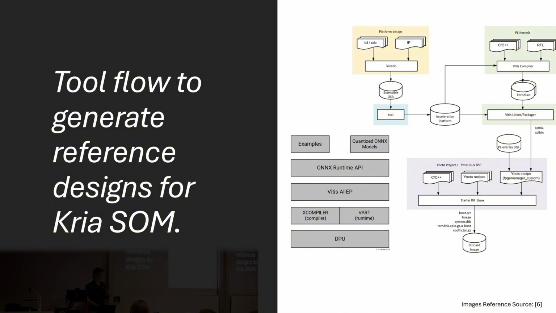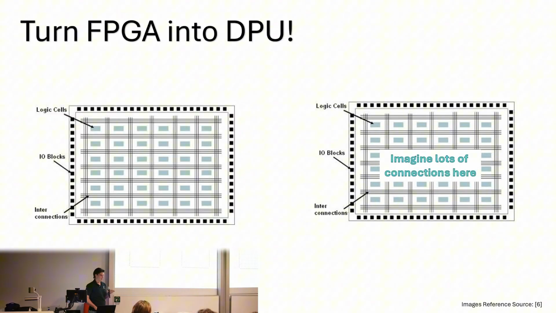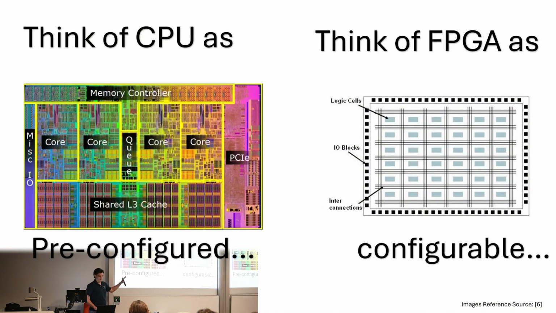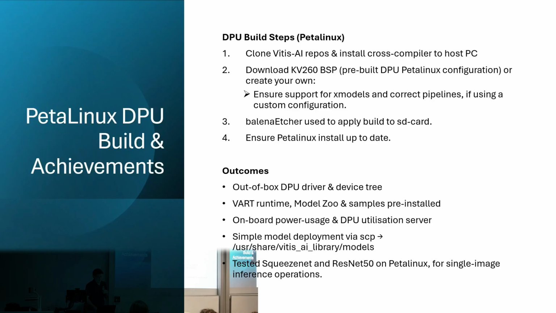Basically, someone smarter than me has come up with an optimal design for some sort of machine learning application, and they've designed this general purpose DPU. They've done this job for me. They've created something like this that will work on the FPGA. All I have to do is pick which one I want and load it in. It's not super meaningful. It's a big topic, but that's generally what would happen there.